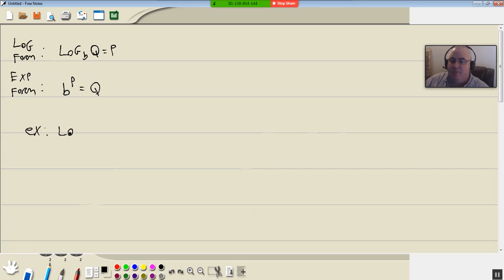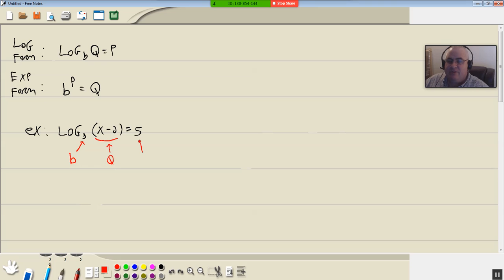So if I have a problem, it's log base 3 of x minus 2 is equal to 5. And this is log form, and we want to rewrite it in exponential form. Well, we have to identify our different letters here. b is our base, and it's whatever number follows your log that's a little bit smaller, it's set down. So that's our b. And then what follows that is your q. So the x minus 2 is our q.